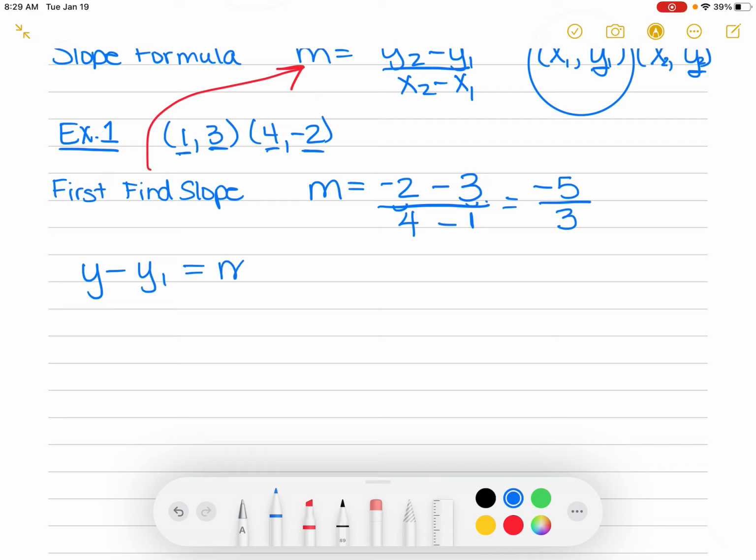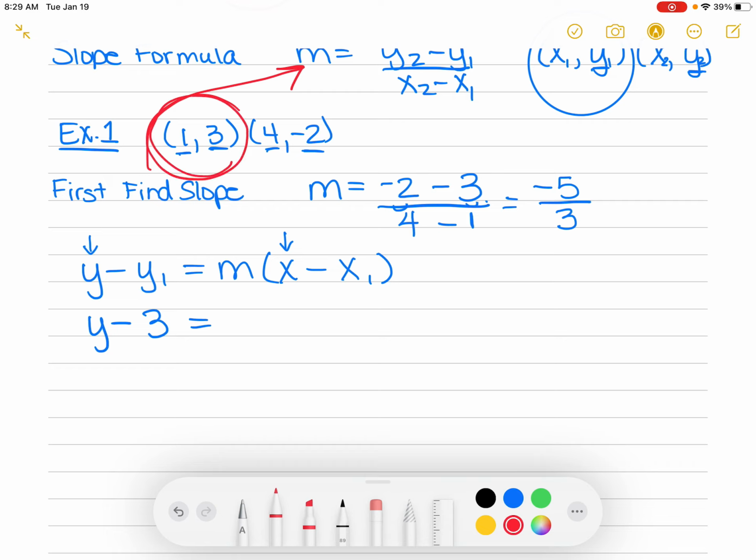We just do this in notes all the time to help you in remembering what you're putting where. So remember that this y and this x stay, and then we're going to fill in everything else. So I have y minus 3 equals, now where did I get that 3 from? Up here.